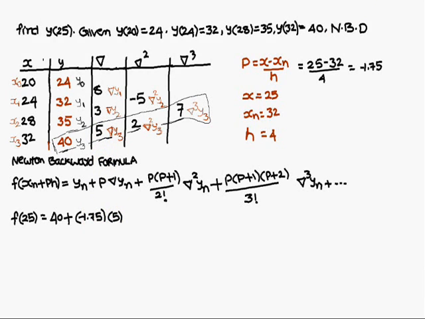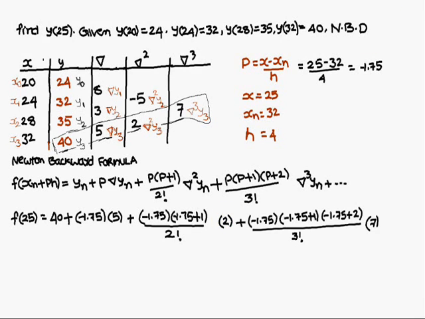Next, minus 1.75 into minus 1.75 plus 1 by 2 factorial into 2. Only the values in this rectangle you are substituting in the formula. Similarly 7 you are substituting here, nabla cube y3.